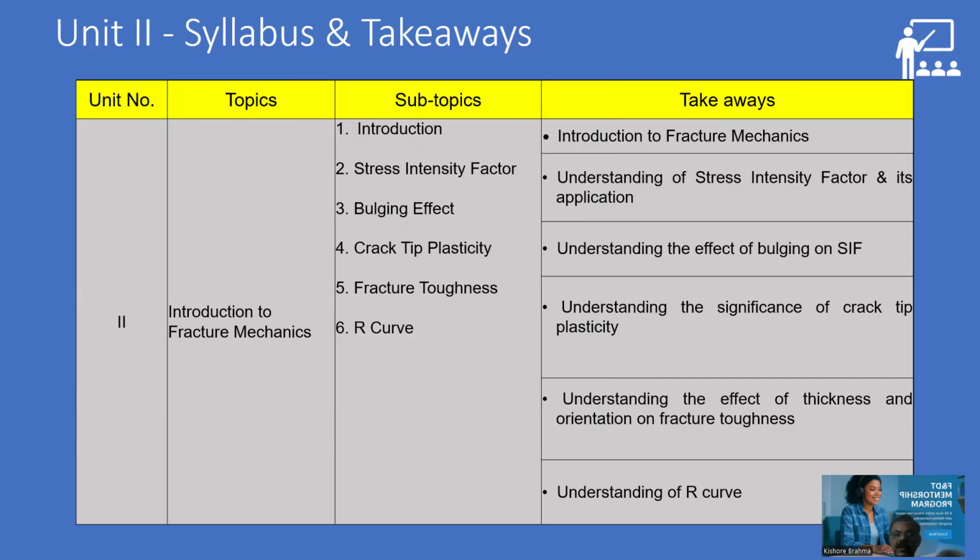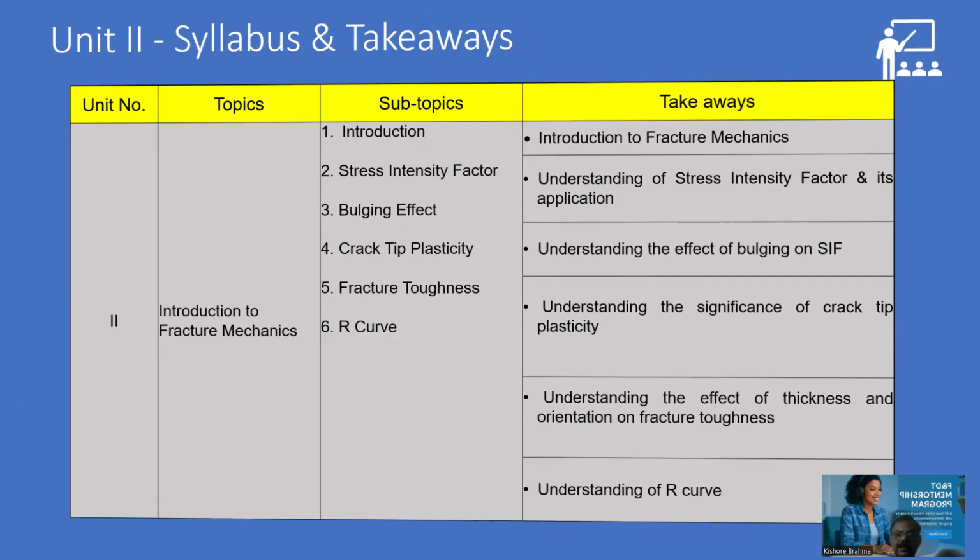For aircraft structure, especially the fuselage, which is under pressurization, how does the bulging affect the stress intensity factor? Then one can understand the significance of crack tip plasticity, which occurs ahead of the crack tip. Also, the effect of thickness or orientation on fracture toughness. And finally, understanding of R-curve required for thin structures.